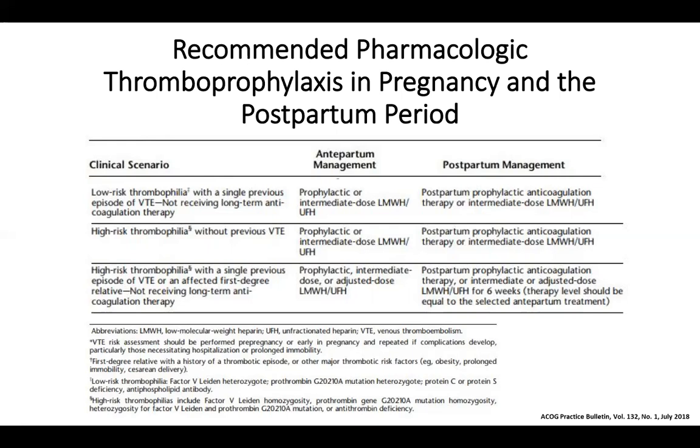So if they have two of the low risk thrombophilias, that does put them into the category of using some type of prophylaxis, whether it be intermediate or just a low dose. If they have a low risk thrombophilia plus a high risk, then they're automatically high risk, and then those mostly go with the therapeutic dose.